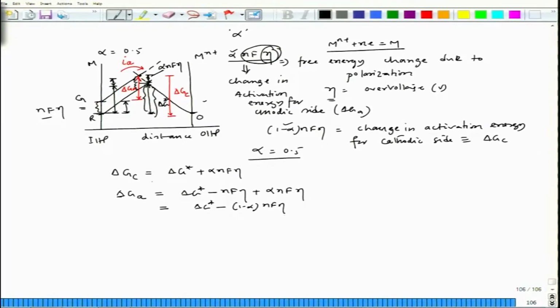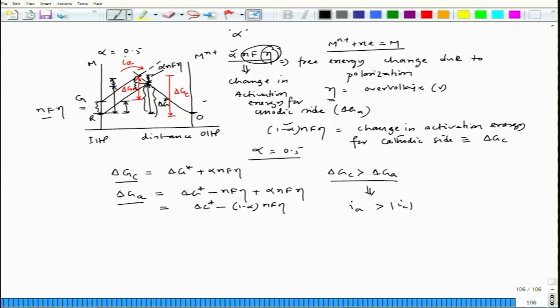Now, you could see that this value is greater than delta G A. Hence, it would lead to I A greater than I C. We are taking mod because we have assumed that this is a negative current, meaning the flow is opposite to anodic current.